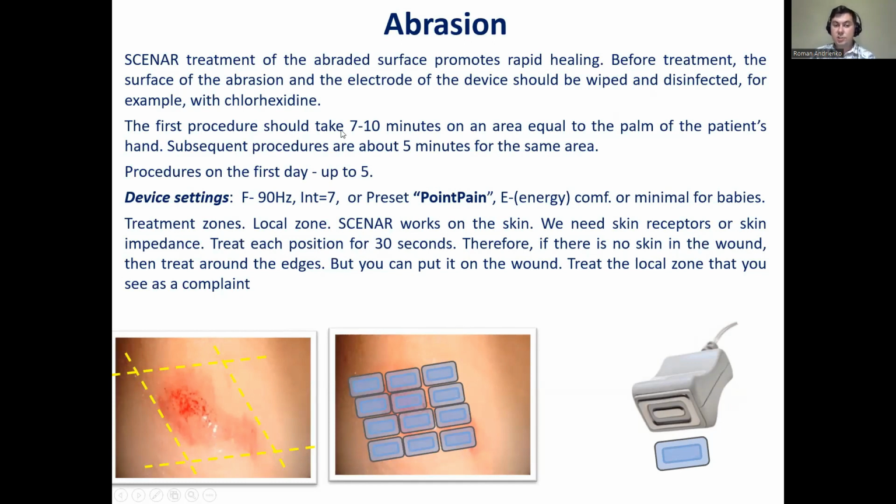The first procedure should take 7 to 10 minutes in the area equal to the palm of the patient's hand, just like we said before. Subsequent procedures are about 5 minutes for the same area. And procedures on the first day should only take up to 5 minutes.